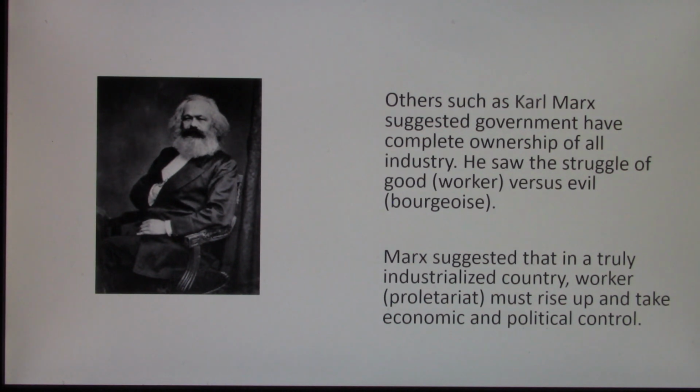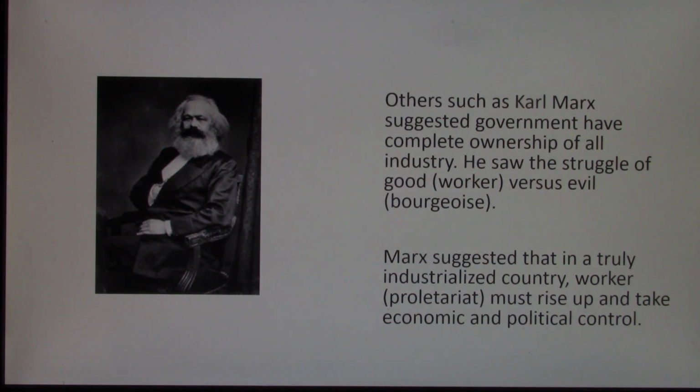And then there was Karl Marx. Karl Marx suggested that government should have ownership of all industries, not just key industries, but all industries. Marx believed that there were two groups of people. There were those who were out for the good of the worker, and those who were out just to make money.